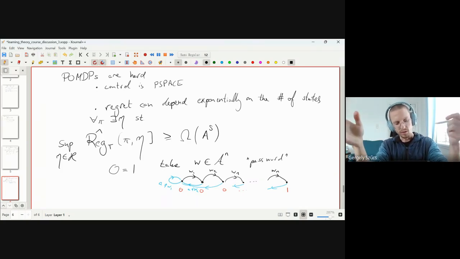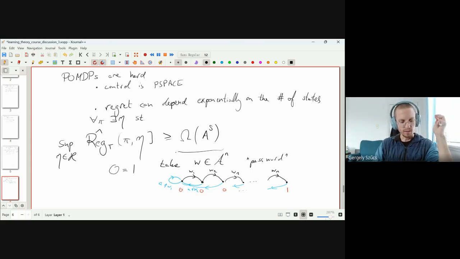So you take exponentially many steps to figure out the password, but from then on you've figured it out. So it's still learnable. That's why I didn't say anything about the time dependence. The total regret is constant. It doesn't depend on the time. Or I guess I said for t large enough.